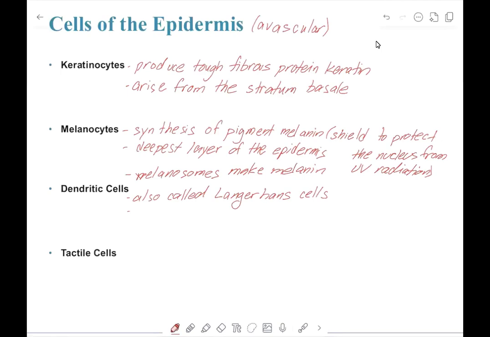So in spite of that, to replace this, there are dendritic cells, which are going to ingest foreign substances. And when they ingest these foreign substances, they activate the immune system.